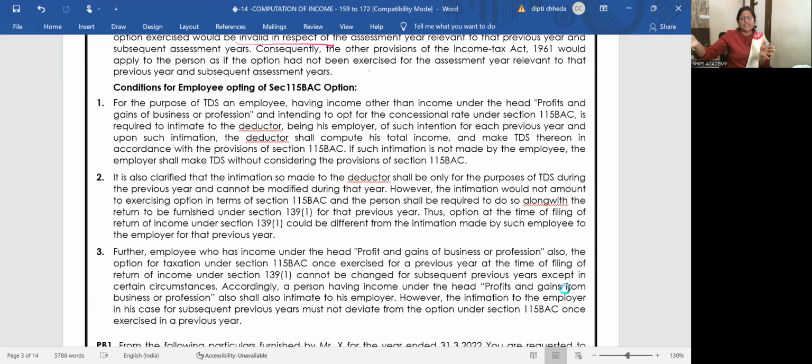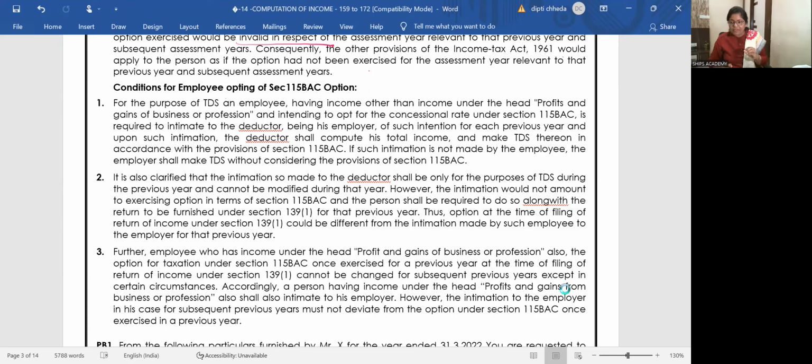That we learn in the TDS chapter in 192. I'll teach you. So, ये क्या हो रहा है कि employee, if you go for 115BAC, will compute your tax, 5 lakh divided by 12, will pay. Oh, you are not going for 115BAC, will compute 4 lakh. So the thing is, employee should decide and tell, and then the employer will deduct TDS in the same way.